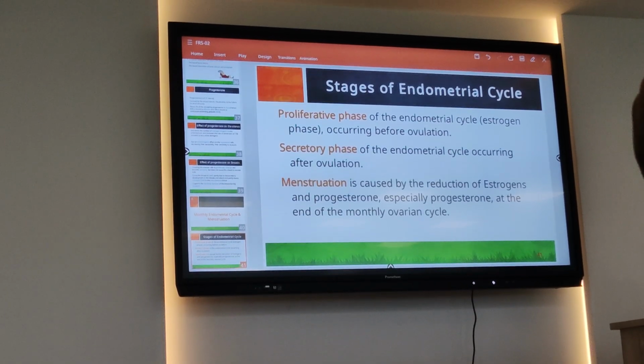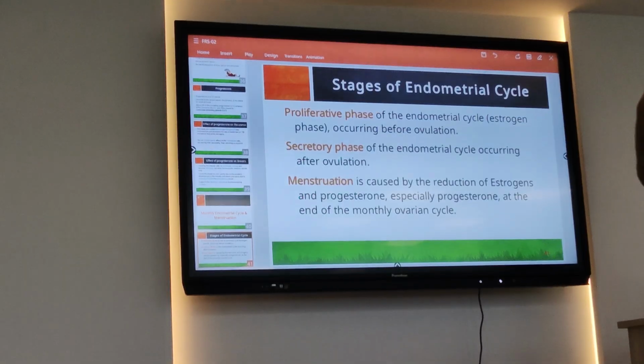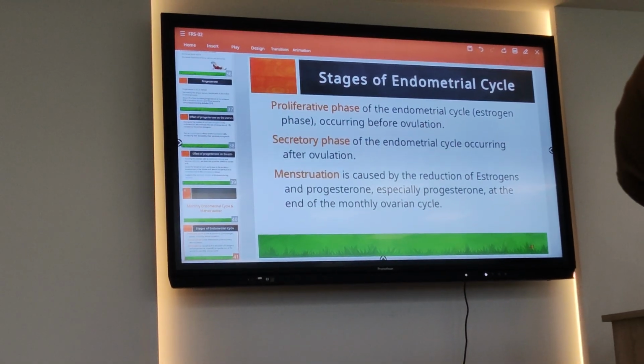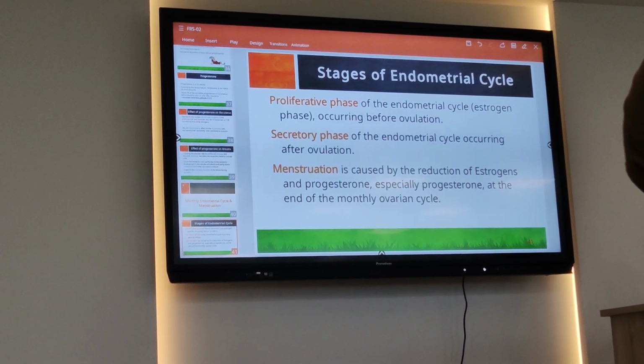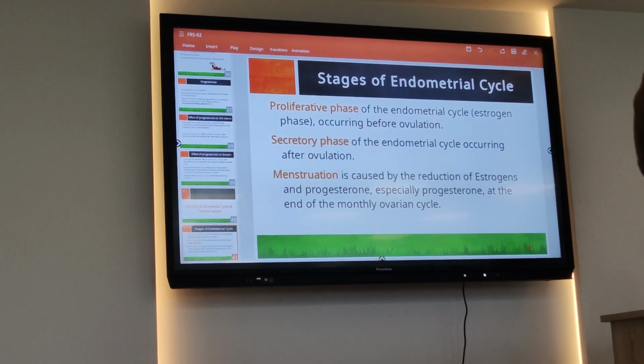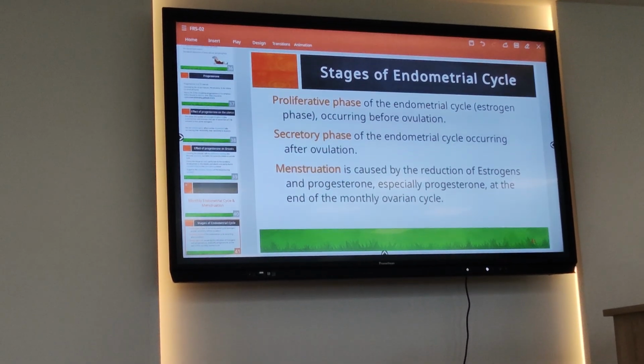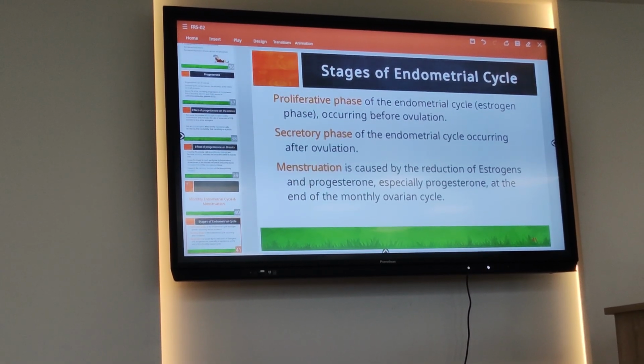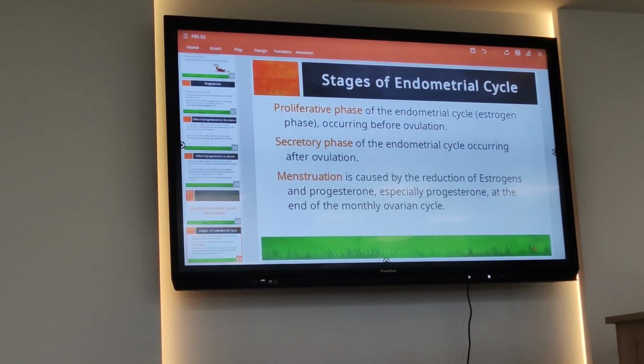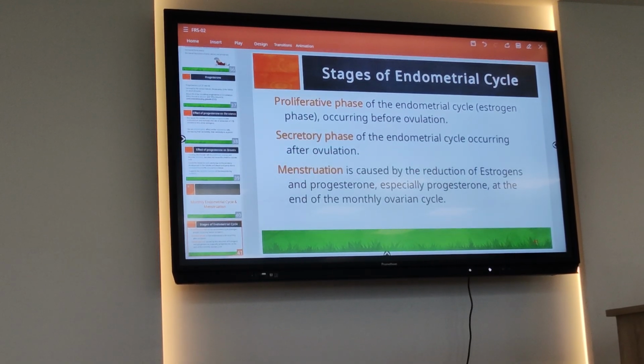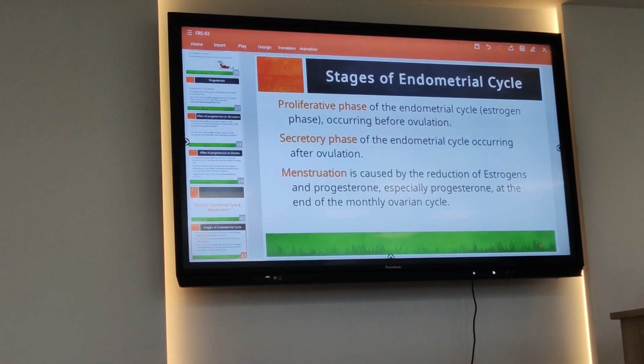Do you know the meaning of all of these organs? In anatomy, okay. So, as you are seeing, endometrium has 3 stages. I want you to tell me what the proliferative phase is, timing equal to which phase of the ovarian cycle?